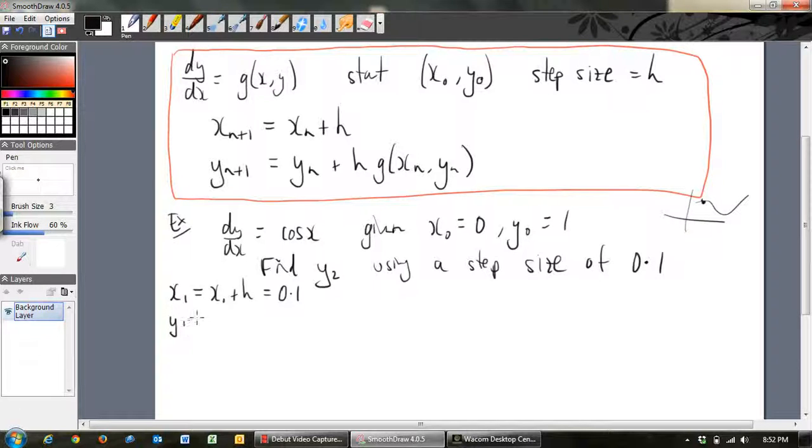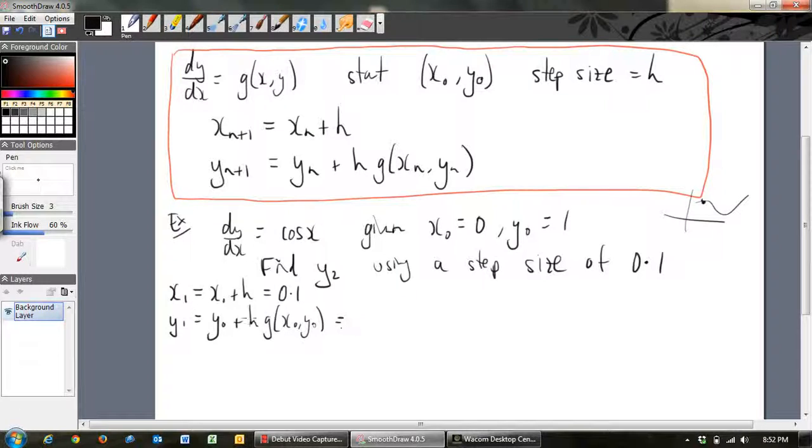Let's find out what y1 is equal to. y1 is equal to y0, following this up here, plus h g of x0 y0. So we're just doing the previous numbers.